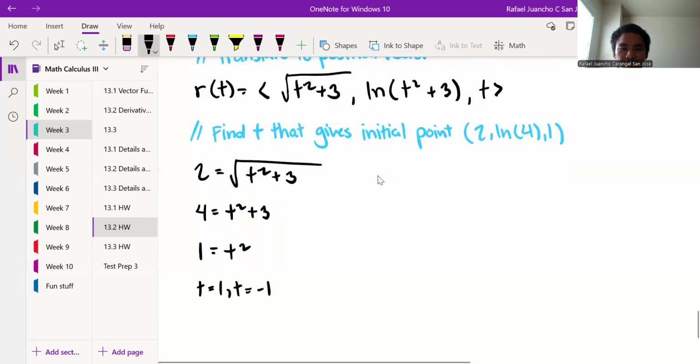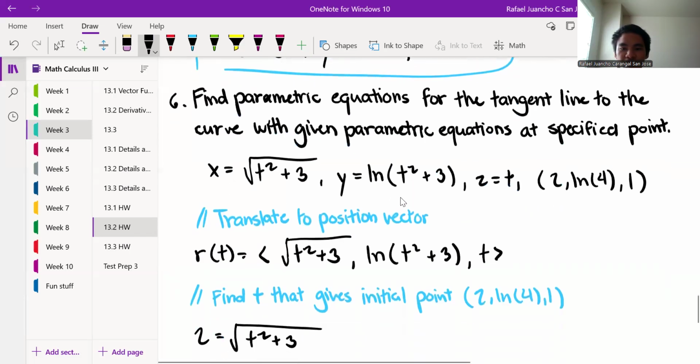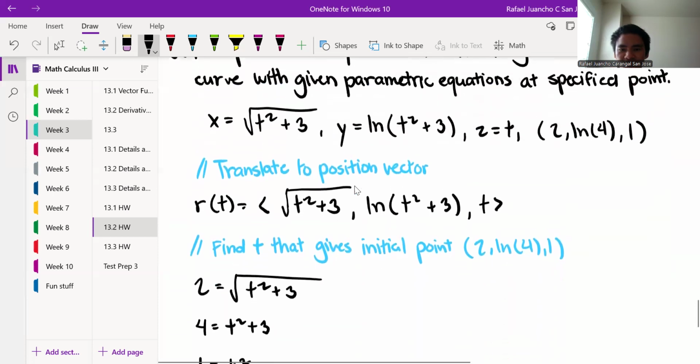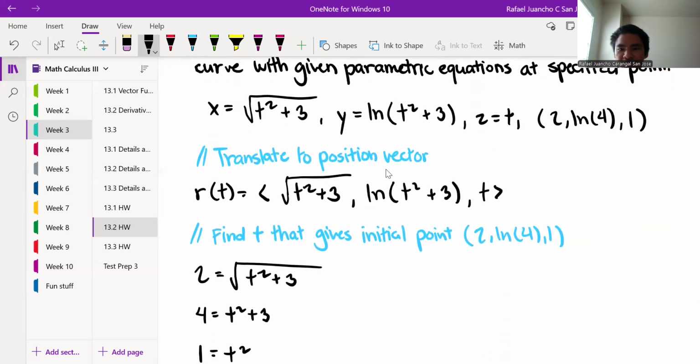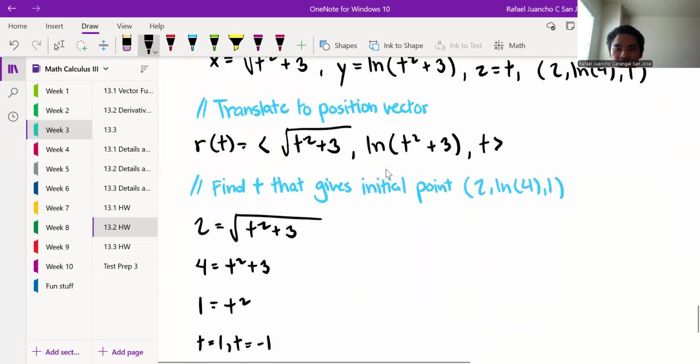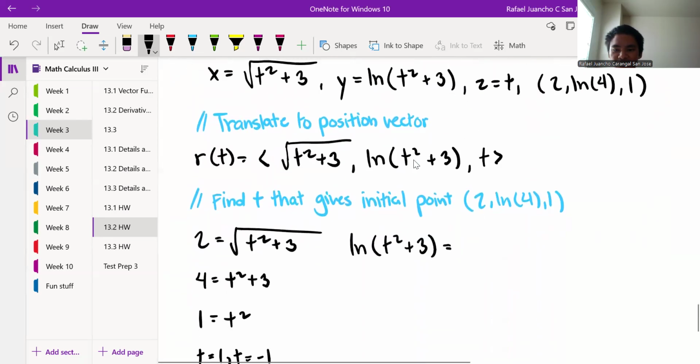Now we try doing it again for our y this time. For our y, we have ln of t squared plus 3 is the same as ln4. And here again, we solve for t.